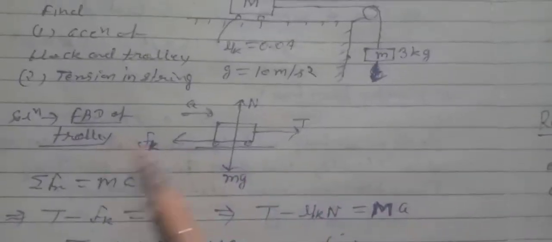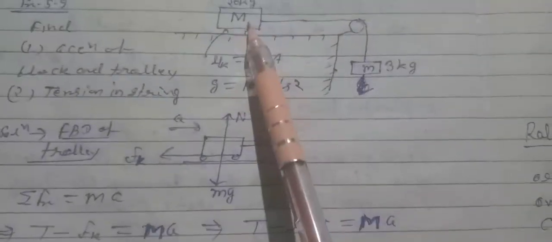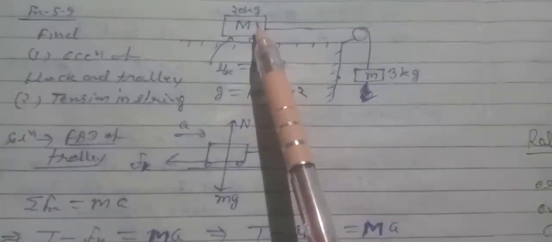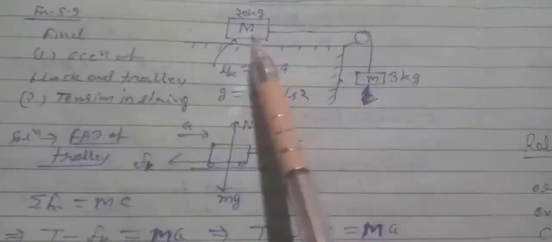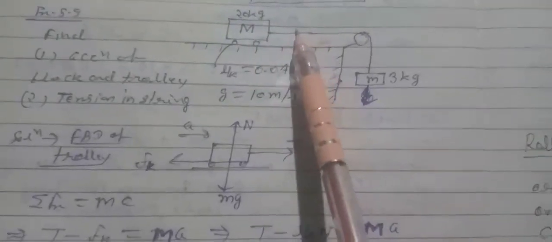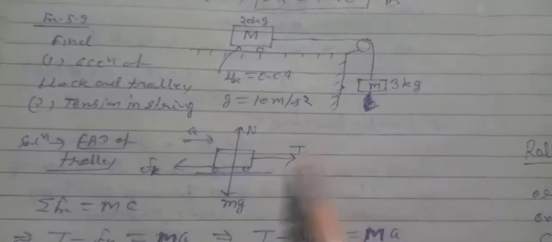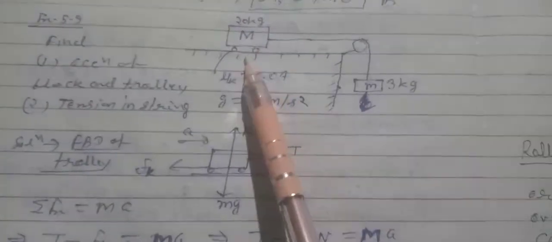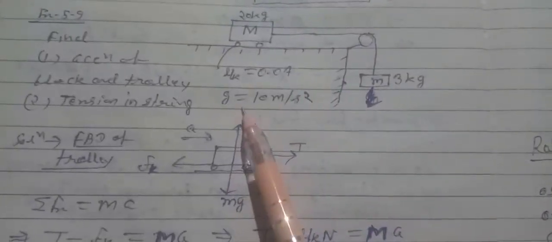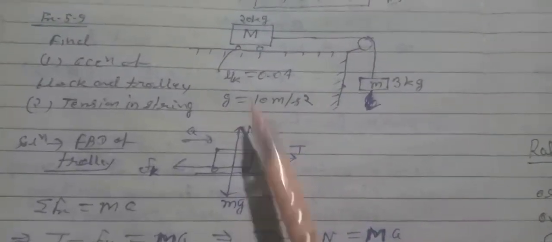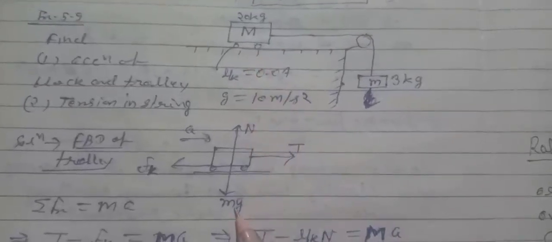Now the FBD of the trolley. On this body, tension will be acting in this direction, so T is shown in this direction, and the surface will apply a normal force in the upward direction.